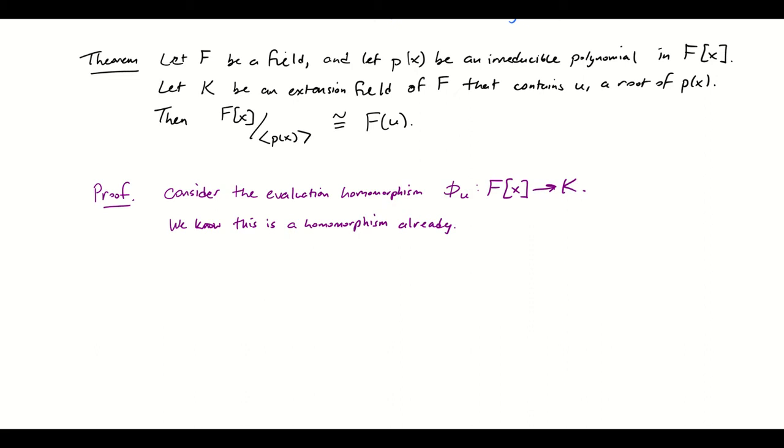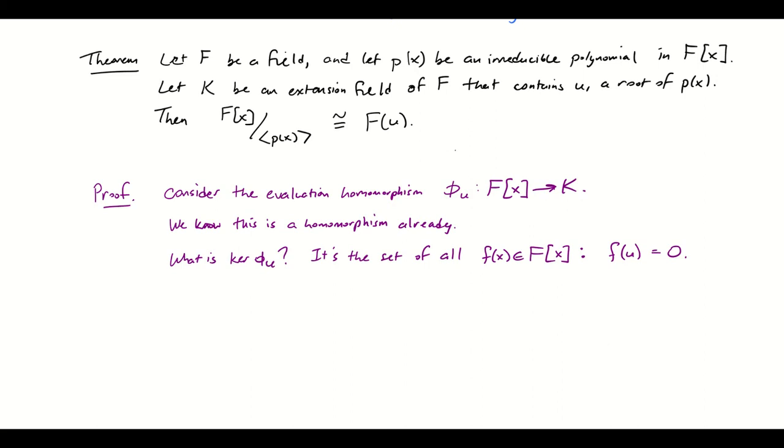So now we want to think about its kernel and its image. So first of all, what is the kernel of phi sub u? What is the kernel of that map? Well, first of all, it's the set of all polynomials, and I'll call these lowercase f of x, belonging to F adjoin x, such that f of u equals 0.